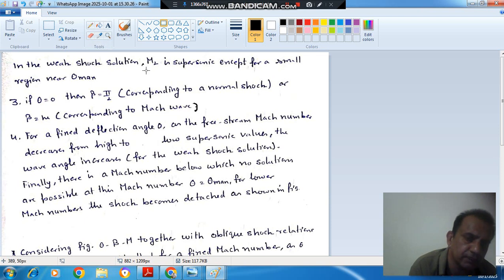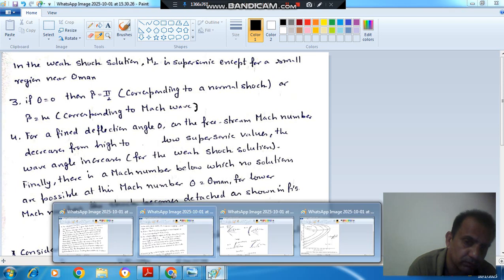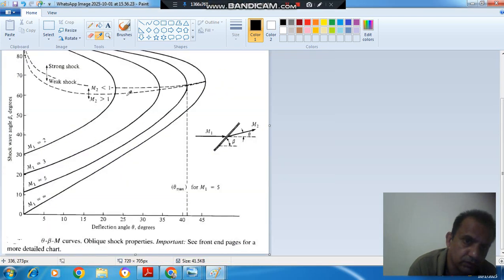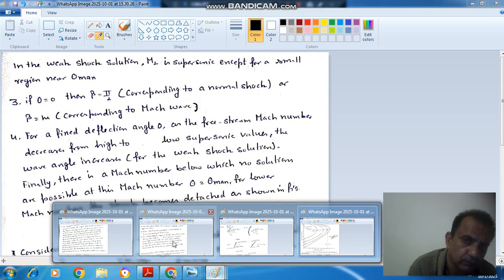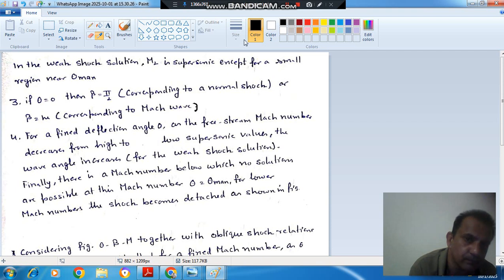So generally for strong shock, the downstream Mach number will be subsonic, and for weak shock it will be supersonic except for this region near theta max. So this is your second point.